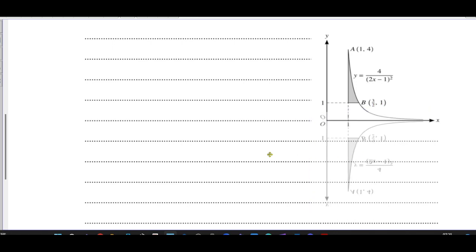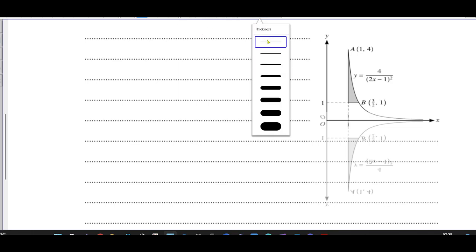So basically, when this is rotated 360 degrees about the x-axis, what's going to happen is you're going to form a shape which is going to come out of the page and go back into the page, this whole shaded region.